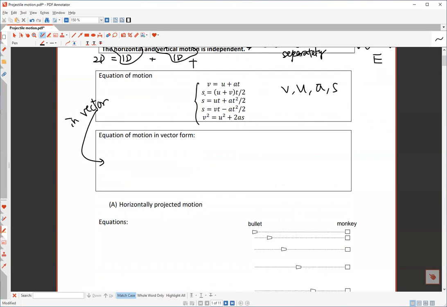For the first four equations, if you write them with a hat, that is v equals u plus at, with u, v, a being vectors. These are the formulas in vector form.